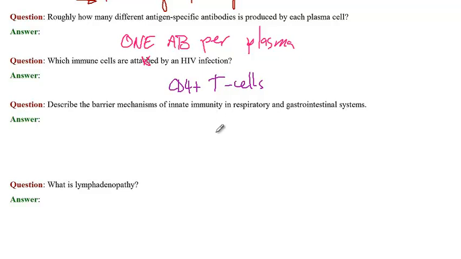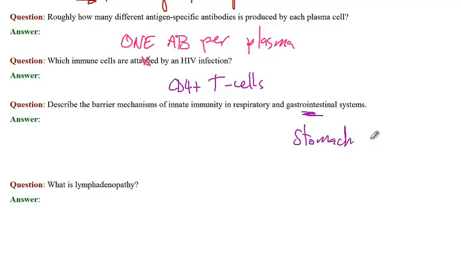Describe the barrier mechanisms of innate immunity in respiratory and GI tracts. So in the respiratory tract, we have cilia and mucous membrane, and the job of these cilia and mucous membrane is to trap the dust particles. Cilia will also wiggle to push up all these trapped particles upward towards the oropharynx so that we can either cough them or swallow them. GI tract, on the other hand, basically this system eliminates most of the ingested pathogens by the stomach acid.